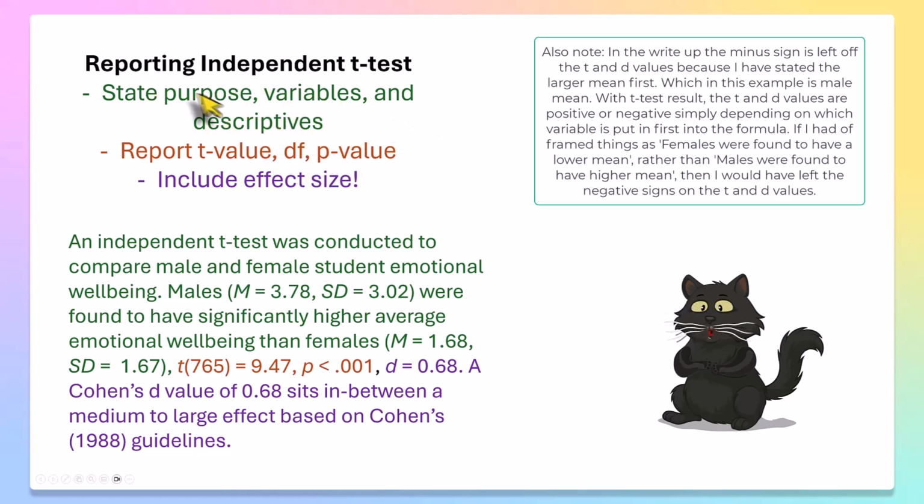At the start, we're stating the purpose, variables and descriptives, so that's what's stated here. You can have a read in the green font. I've reported the t-value, degrees of freedom, and p-value in the orange here, and I have also included the effect size in the purple at the end there, and also added a little bit of interpretation of that Cohen's d value at the end of the write-up.